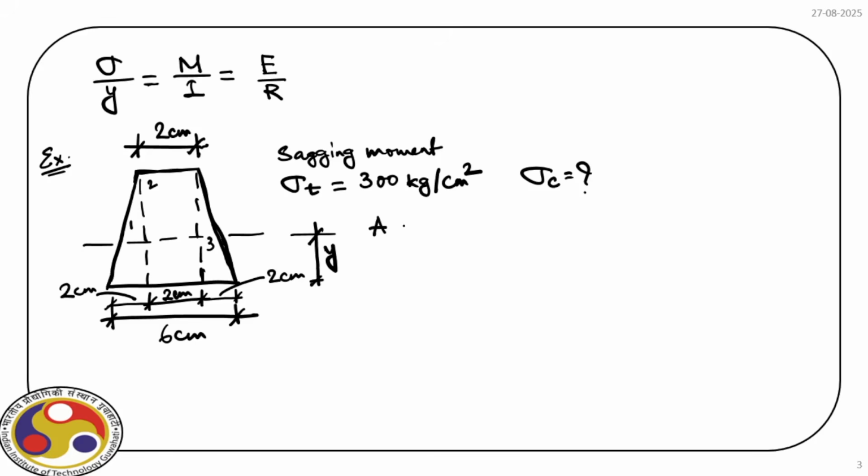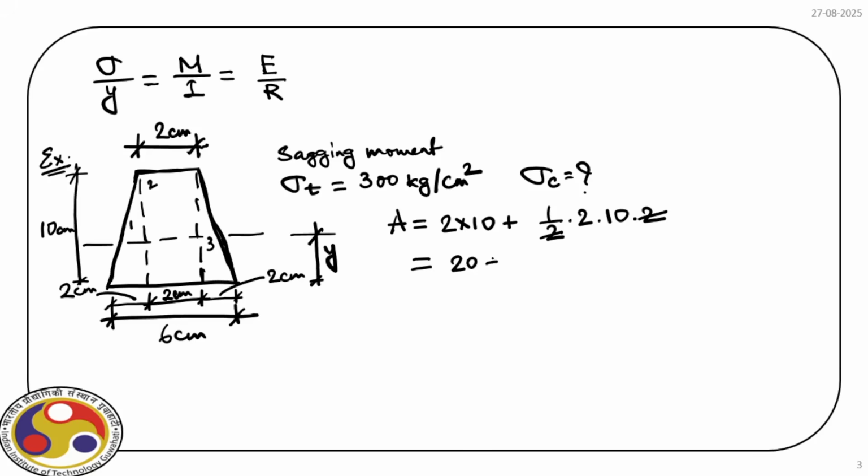First, the cross-sectional area A is equal to 2 into 10 plus half base times 10, which is 2 times 10, and we have 2 triangular cross sections. So effectively we have 20 plus 20, that means 40. So our cross-sectional area is A equal to 40 centimeter square.